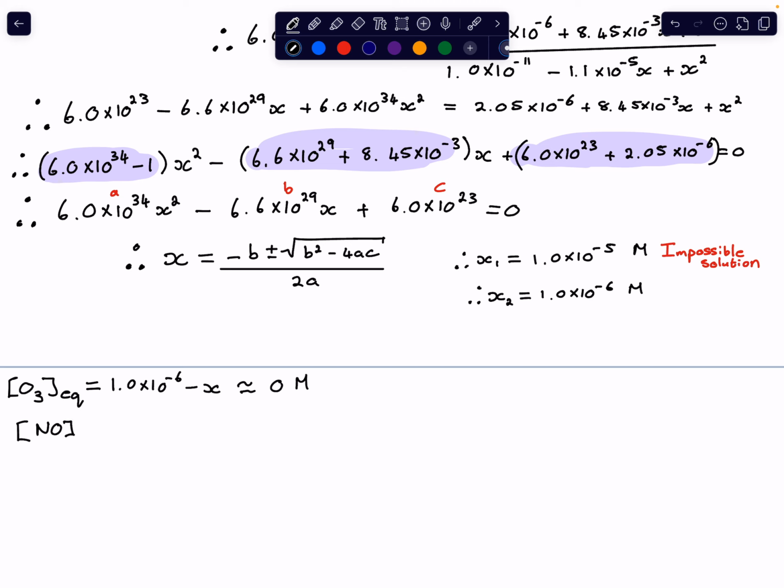Nitrous oxide at equilibrium is equal to 1.0 times 10 to the negative 5 minus x, and this is rounded to 9.0 times 10 to the negative 6. We can also calculate the concentration of O2 at equilibrium. It is equal to 8.2 times 10 to the negative 3 plus x.